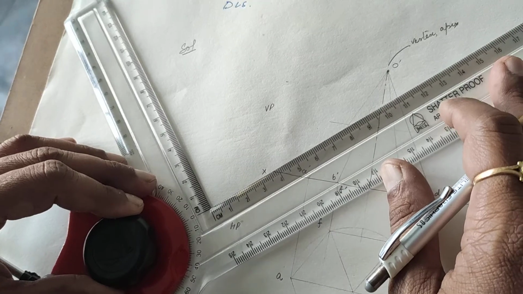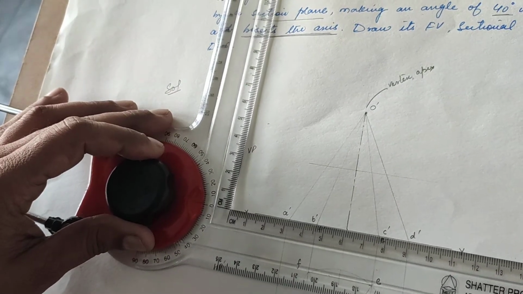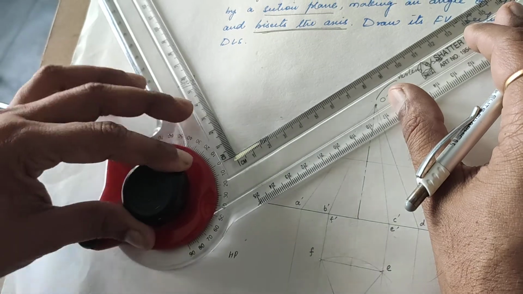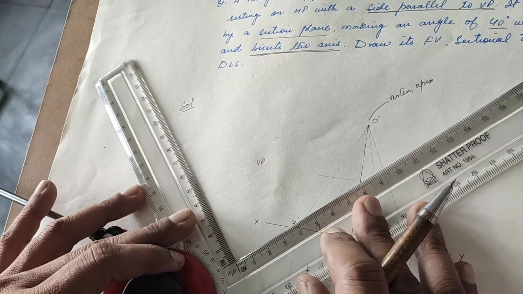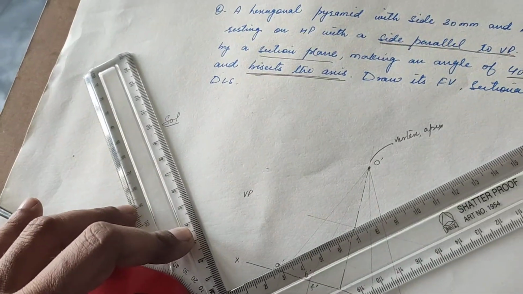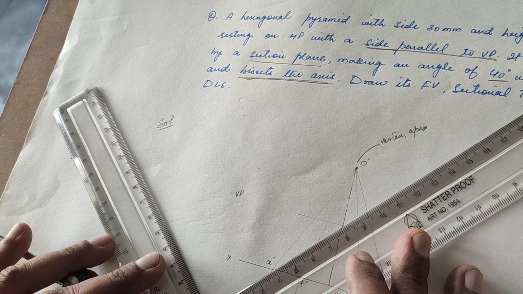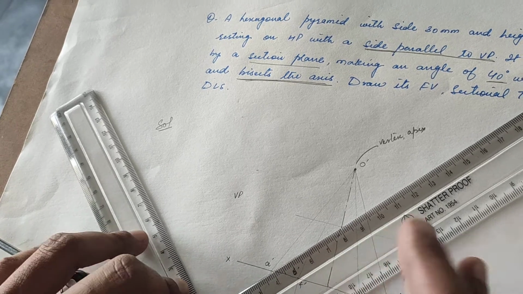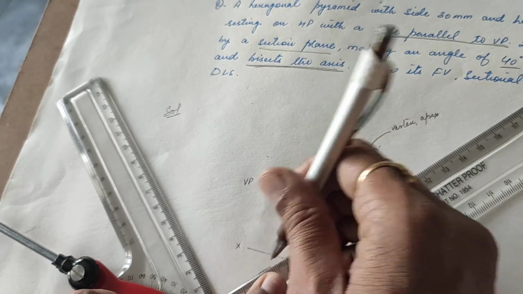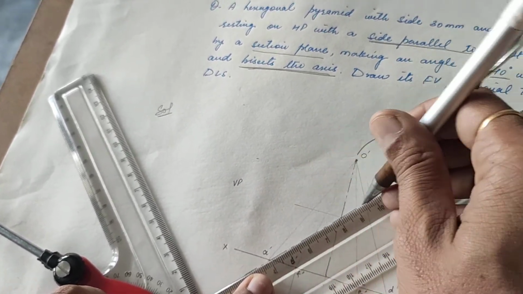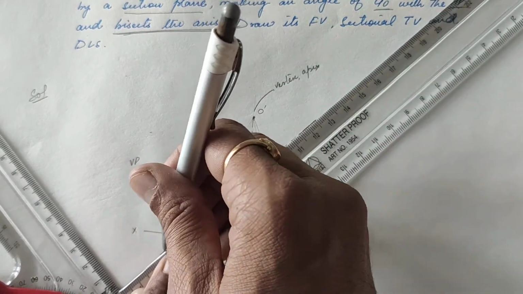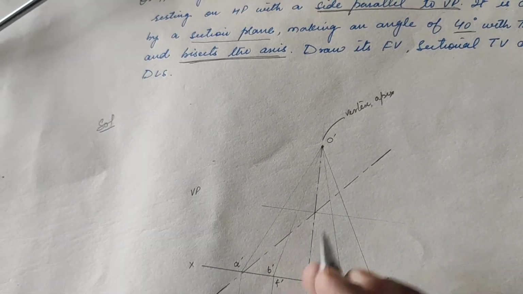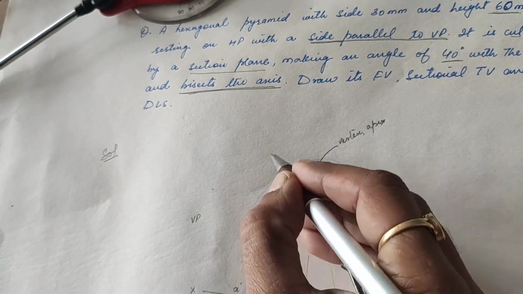So take the angle of almost 38.5 and cut it. It cuts at these points.